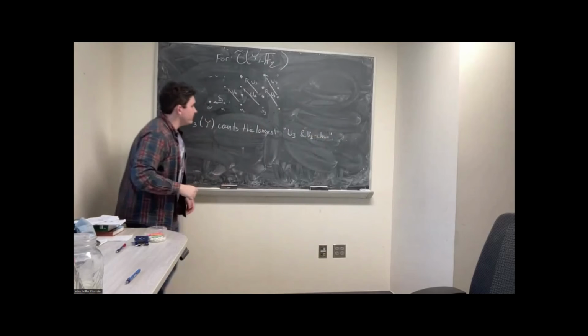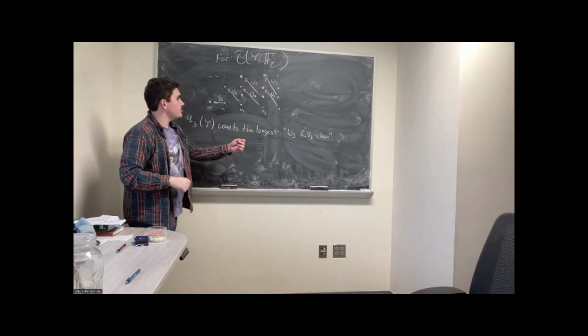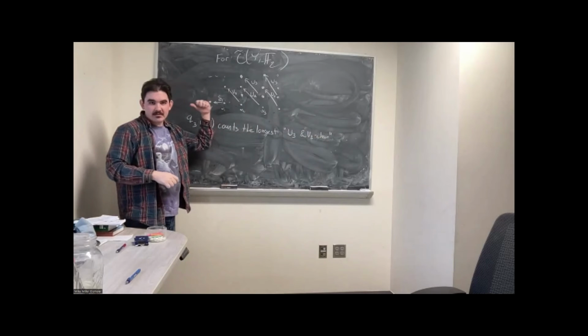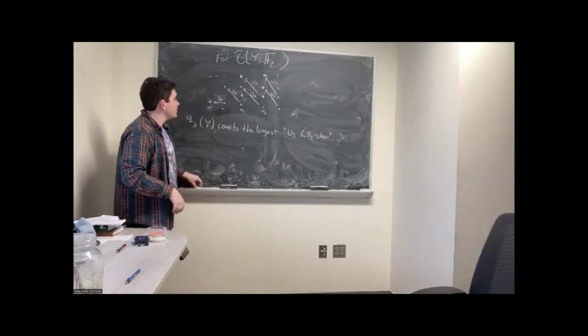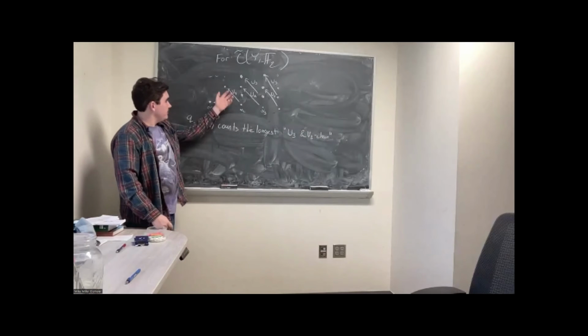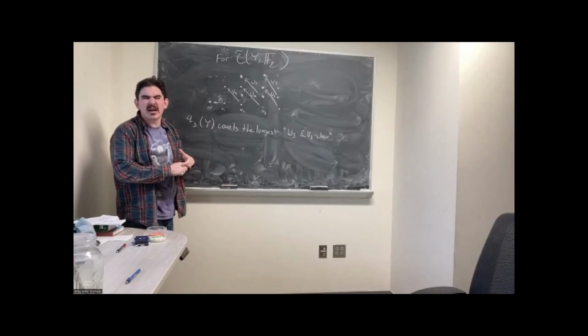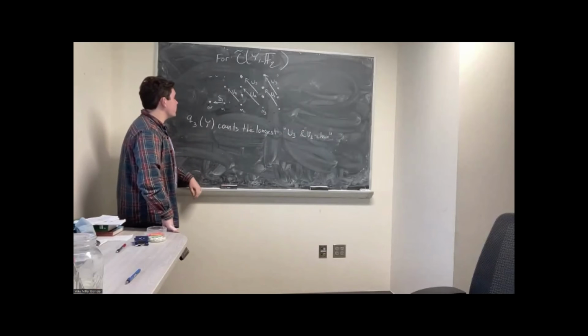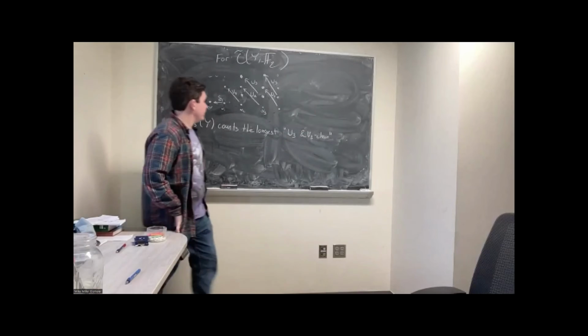Just as H of Y in some sense counts the longest chain of U maps followed by this delta 1 over to the trivial connection, we're now counting the longest chain of these U3 maps, or this V3 map, when I go from irreducibles over to an abelian reducible.